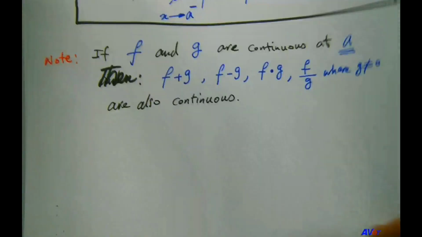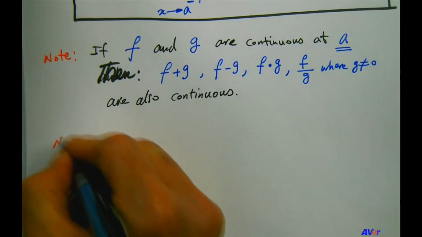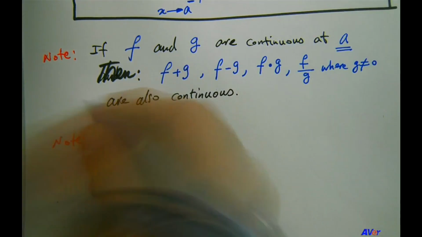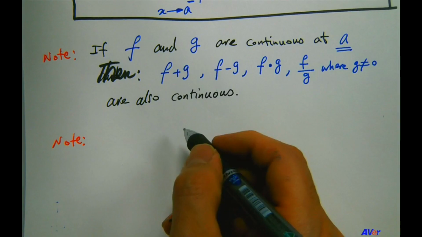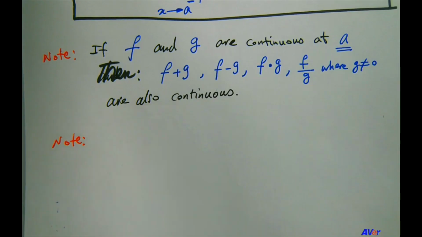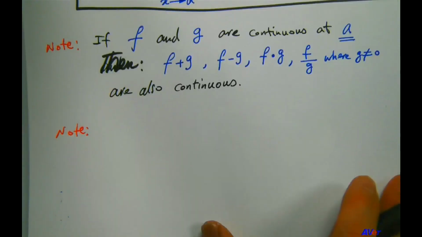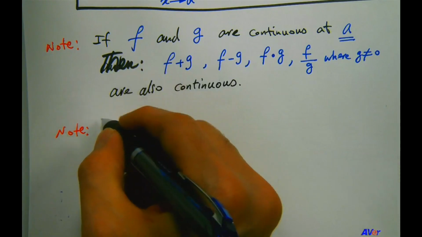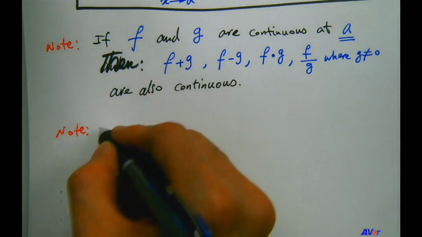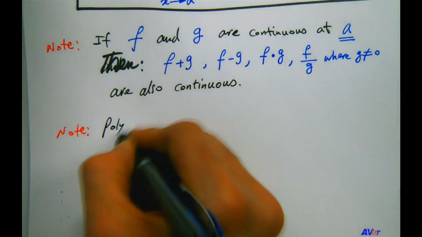Let's say another note here. Polynomials are continuous for all real numbers, so that makes it easy when we deal with polynomials.